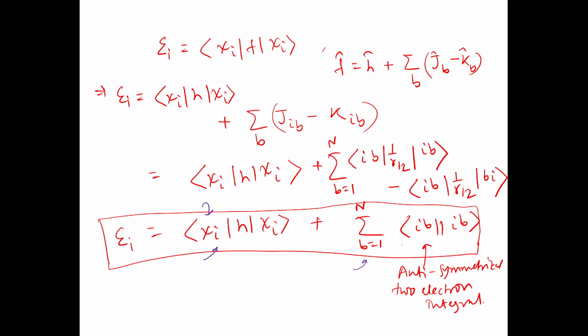And this term, Coulomb minus exchange, is basically the interaction with all the electrons, the Coulomb minus exchange when the electron is sitting in chi I. So it has a kinetic energy, it has an attraction with the nucleus, and it has the interaction with all other electrons. So that's what it should be, right?